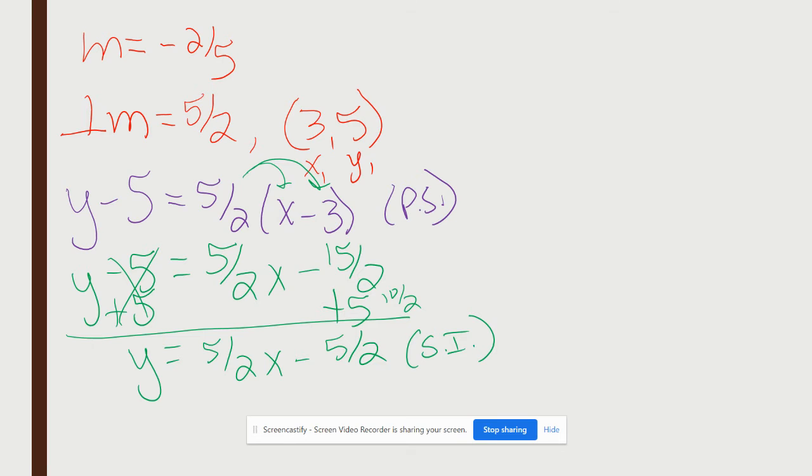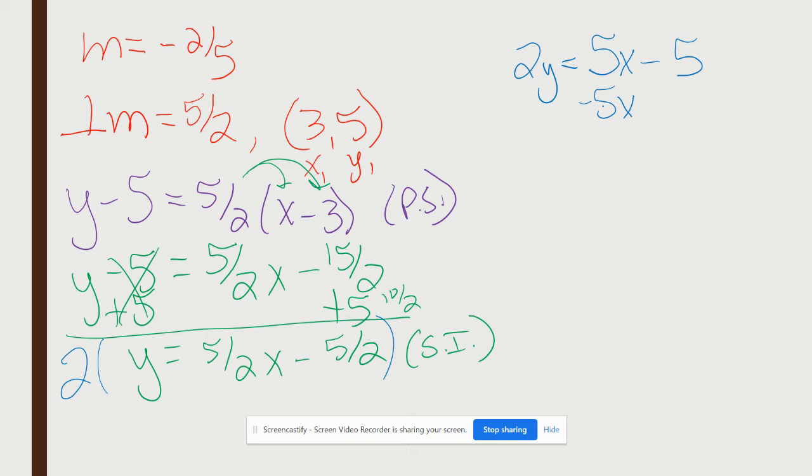Standard form, again, no fractions. So both of our denominators are 2, which means we're going to multiply everything there by 2. 2 times y is 2y. 2 times 5/2 is 5x. And 2 times 5 is 10. Wait, 2 times the constant gives 5. So if we're moving the x over, this is a positive 5x.